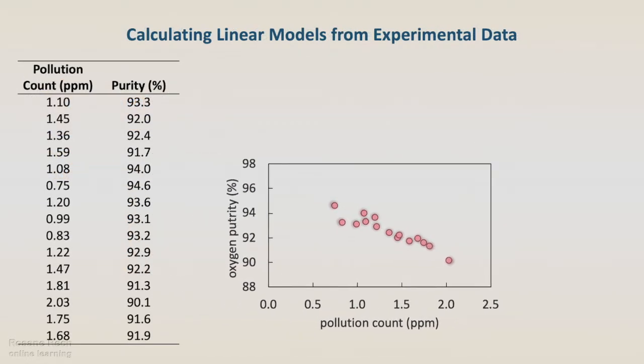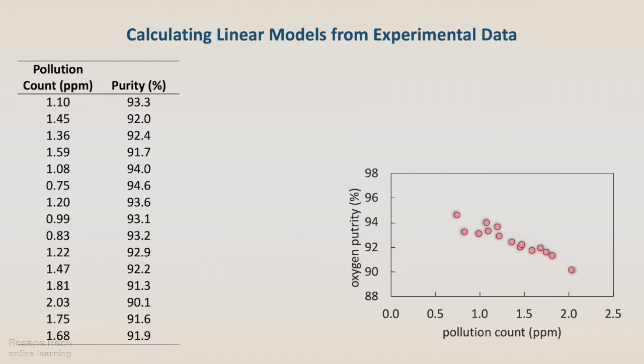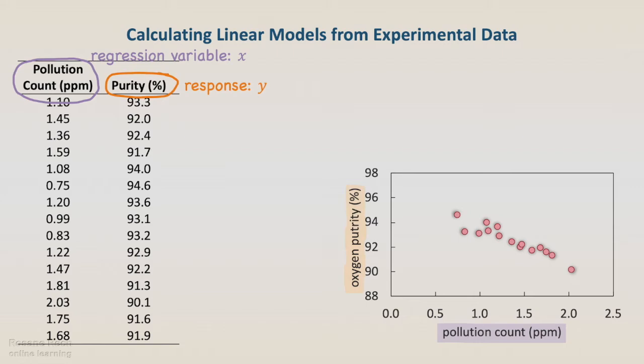The table on the left shows the experimental data used to build the plot we have just seen. The table shows the pollution count, our regression variable x, and the oxygen purity, our response variable y. The column purity shows the experimental results.